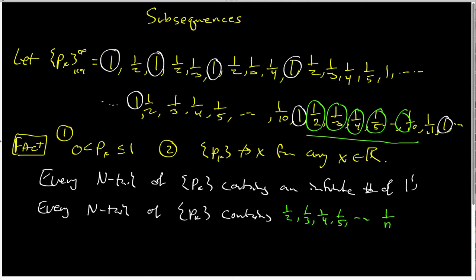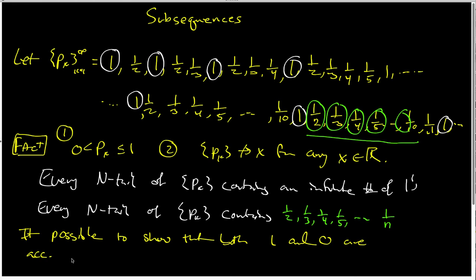In other words, it's possible to show that both 1 and 0 are accumulation points for my sequence. And that's enough to say that the pKs do not converge. And let me correct my handwriting there.